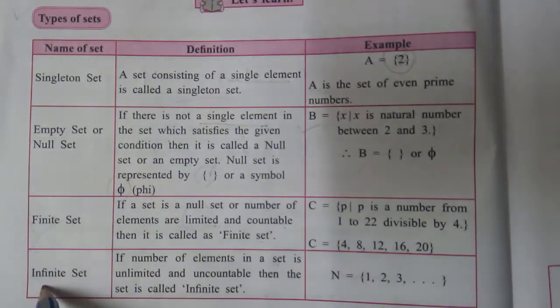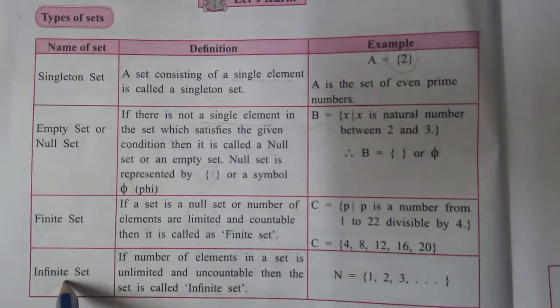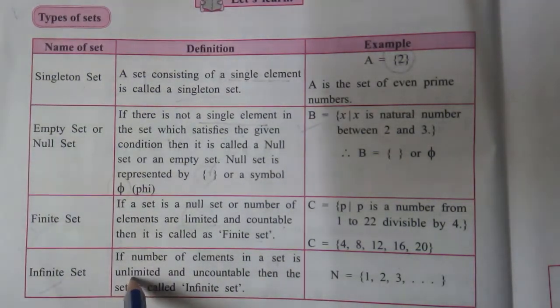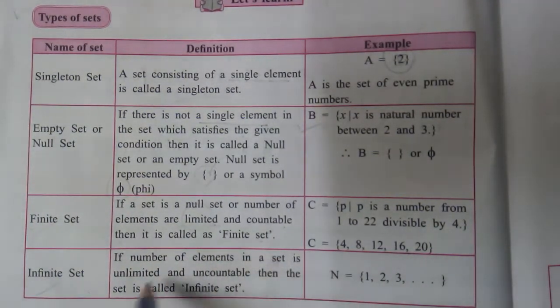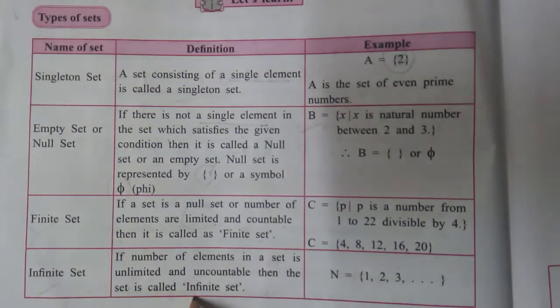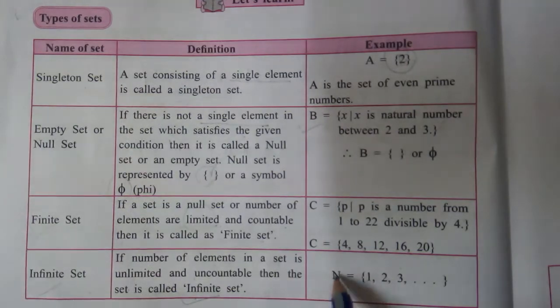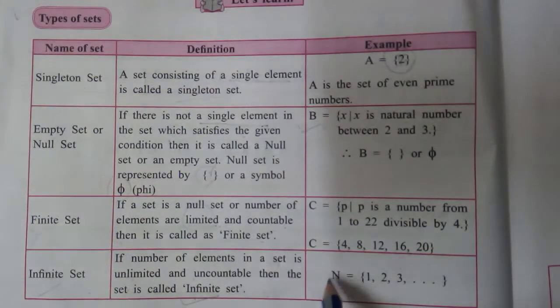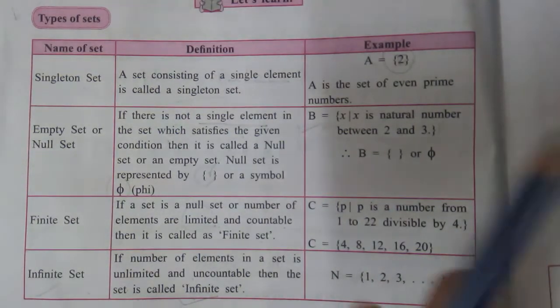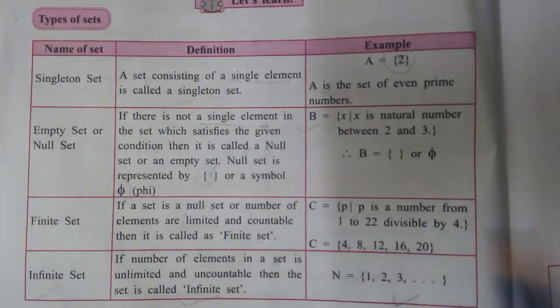Now next, the infinite set. Infinite means the number of elements of the set is unlimited and uncountable. Then the set is called an infinite set. Here N is the set of natural numbers. Natural numbers start from 1, 2, 3 and go on and on, so this is an infinite set.